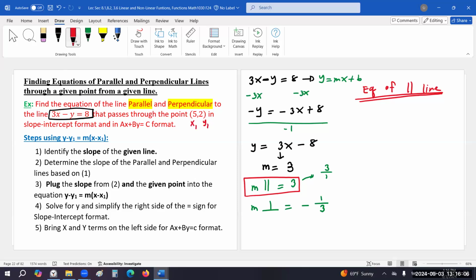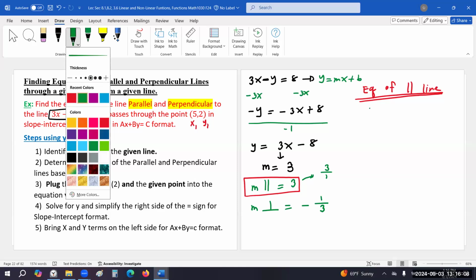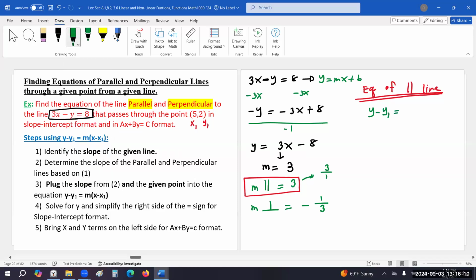So we start by writing the formula. y minus y1 equals slope times x minus x1. Anytime you're finding the equation of any line, this is the best way to start. You can use other methods if you're already familiar with them and comfortable using them, no problem. But I found this is one of the easiest ways to start. Start with the point slope formula.